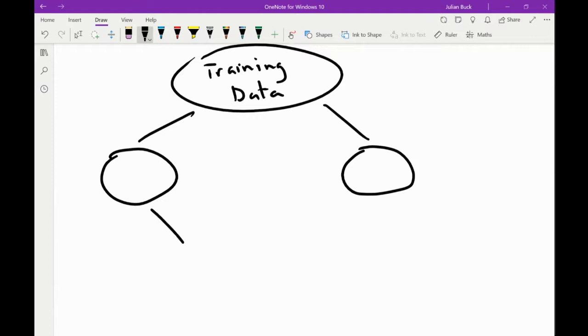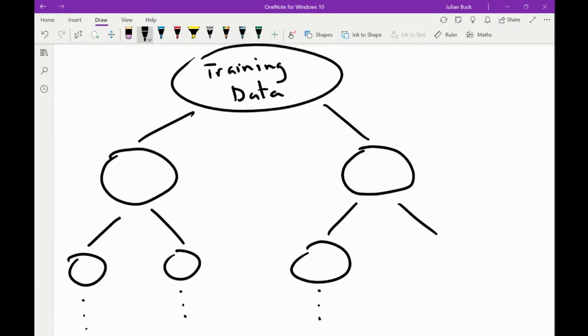And then we split those two regions up individually into, say, perhaps two more regions each. And this process continues. We keep splitting until we've decided that we're going to stop. And what these different regions consist of are observations from the data in the feature space. And we call these nodes.